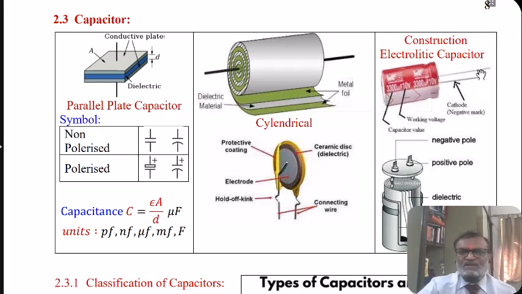They look like shown in the figure here from outside, whereas the parallel plate capacitor, literally using parallel plates with insulator, is shown here. That is one of the capacitor types called the ceramic disc capacitor. So two discs here are separated with the ceramic material, and then the total assembly is enclosed inside the protective coating.